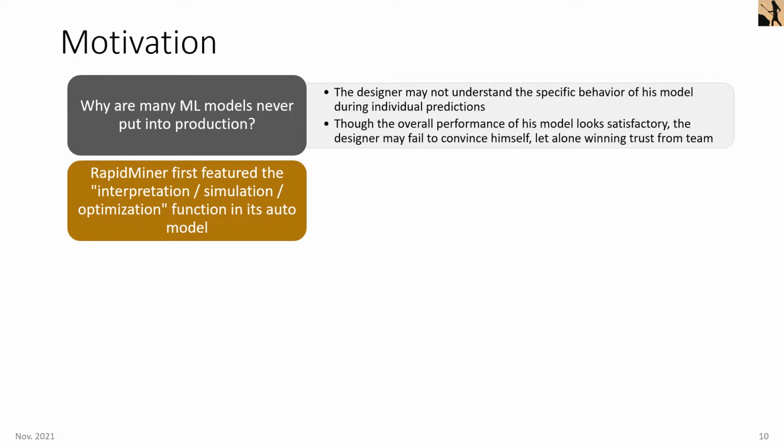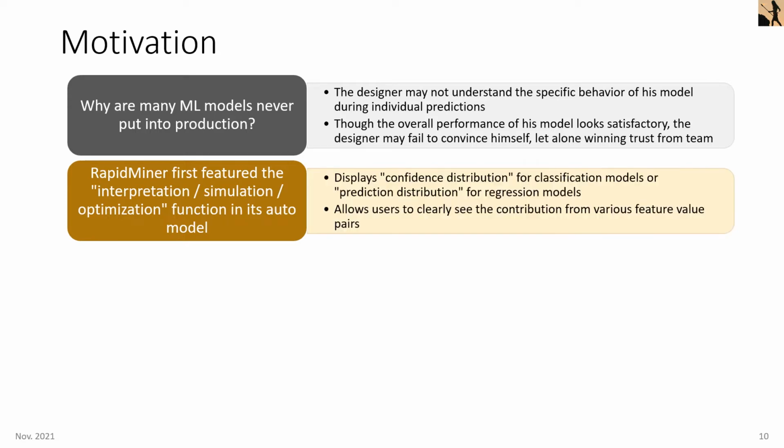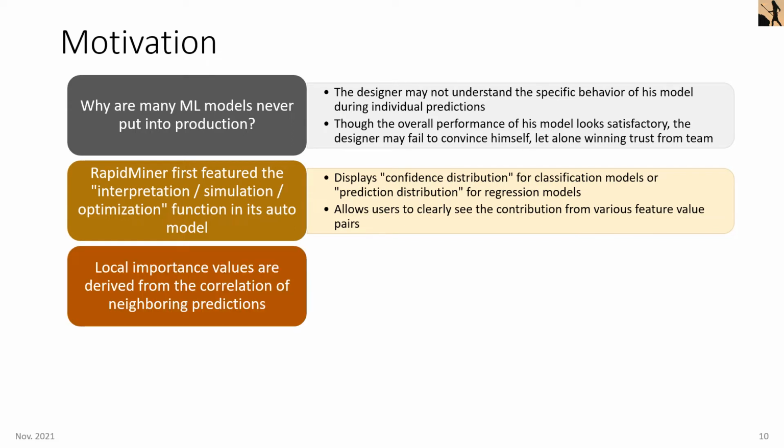And RapidMiner actually first featured these things like interpretation, simulation, and optimization function in its Auto Model. They will use some of the confidence distributions for classification models or prediction distribution for regression models. And then they will allow the users to clearly see the contribution from various feature value pairs.